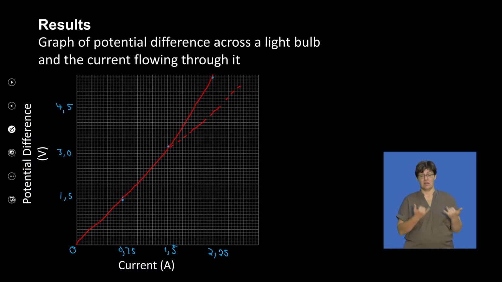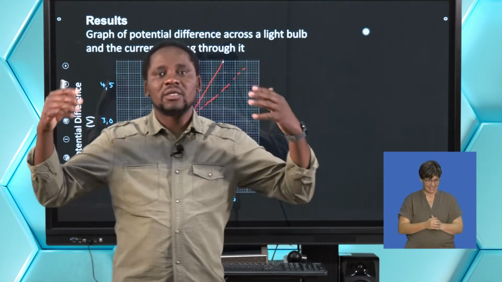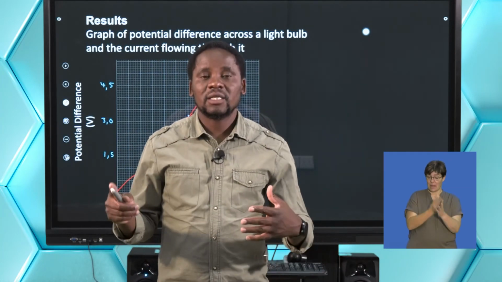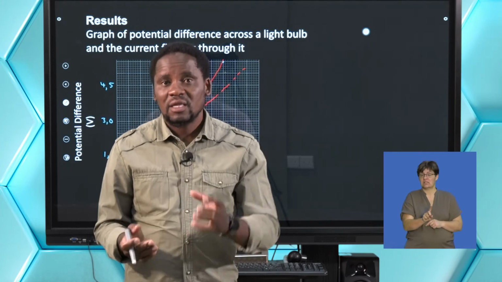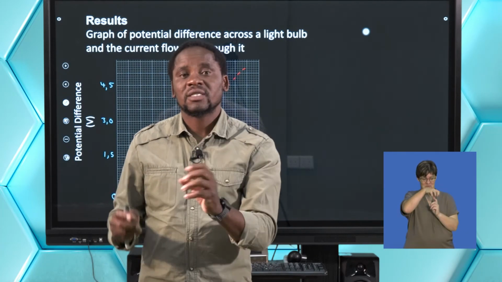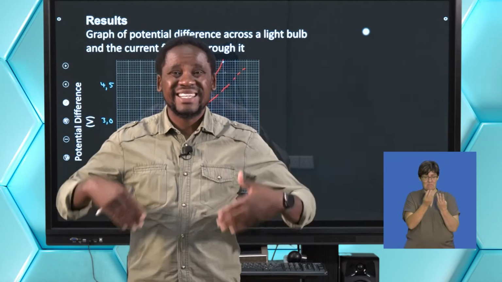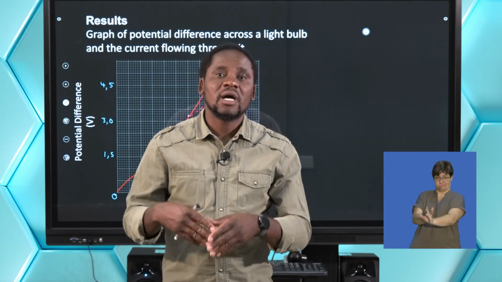As we increase the amount of current flowing through it, the potential difference that corresponds to it does not fall into what we would have predicted. So there's something very special about the light bulb that we can immediately pick up from this. And remember, we said the resistance of a component actually depends on the type of material that makes up that component. Some materials tend to offer greater electrical resistance, while others do not.